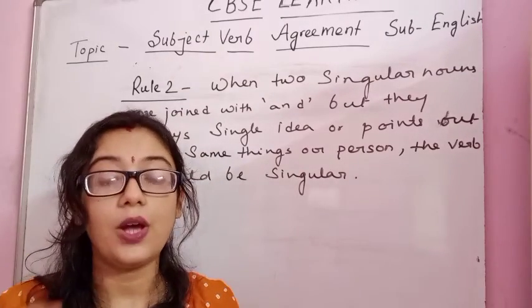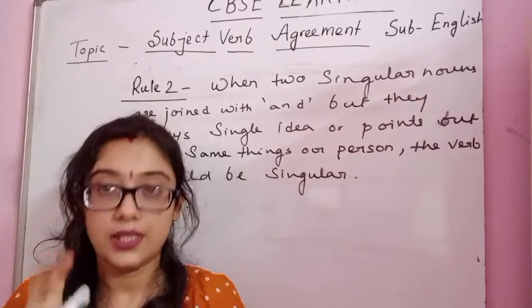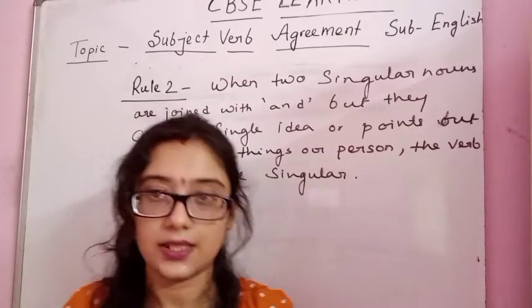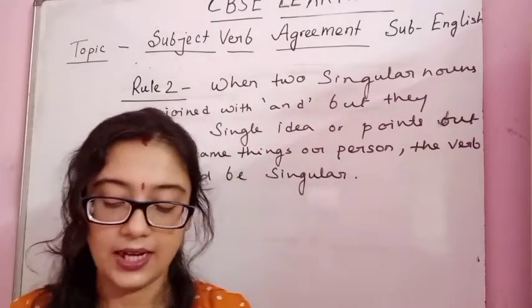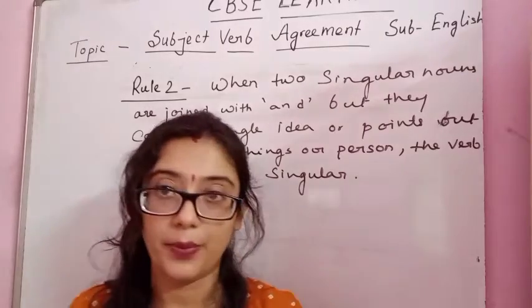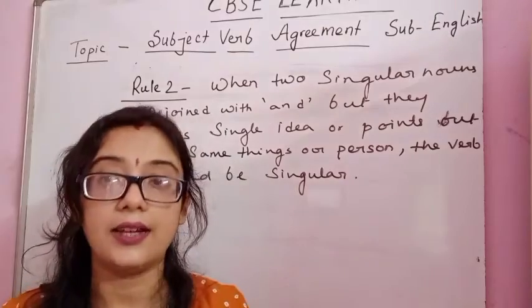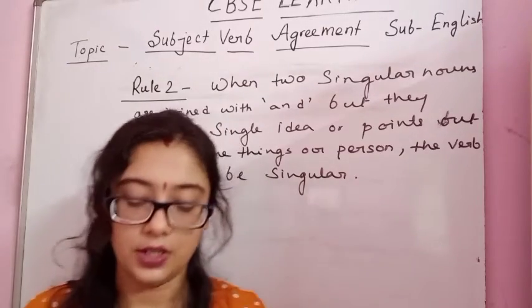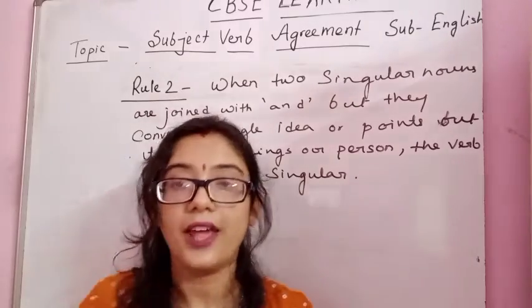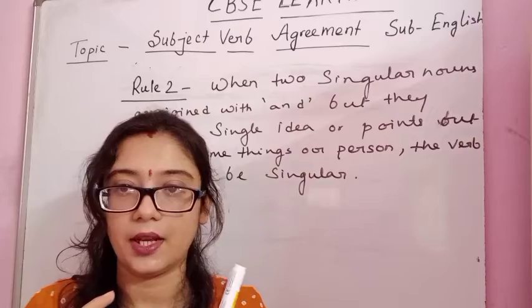Note, there is an exception. If you say "the rice and the curry", you have to use "are", because both point out different things. But if you say "rice and curry is my favorite dish", you are using it as a whole, a single idea, isn't it?